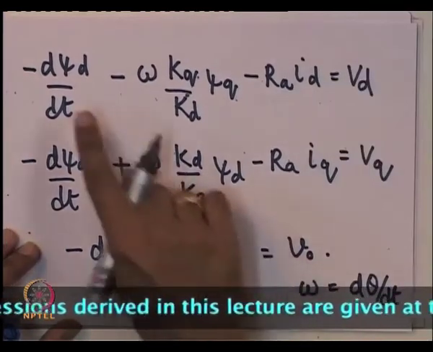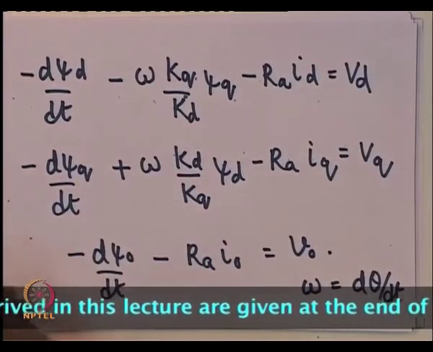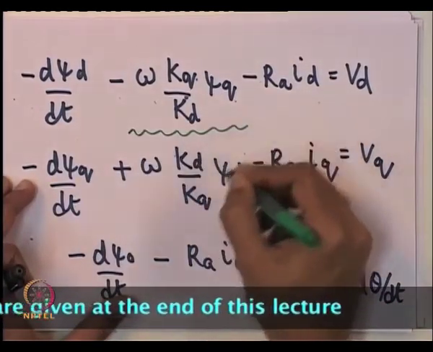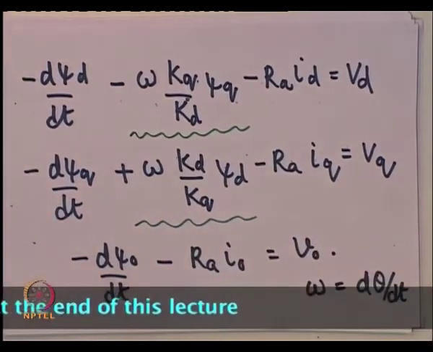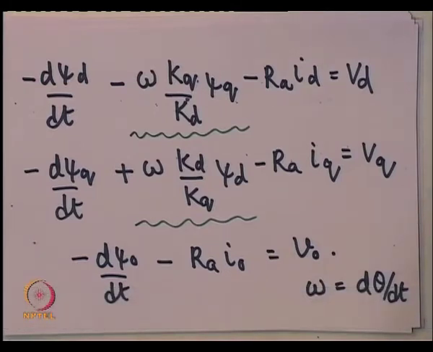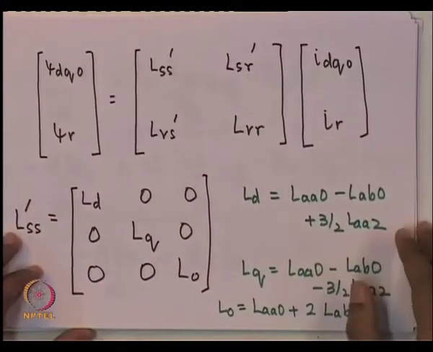Now, one interesting thing which you should see here is what I mentioned some time back, the speed EMF terms. In fact, although we saw that there is complete decoupling between the D and Q axis, recall we had a complete decoupling between the D and Q axis in the flux equations.